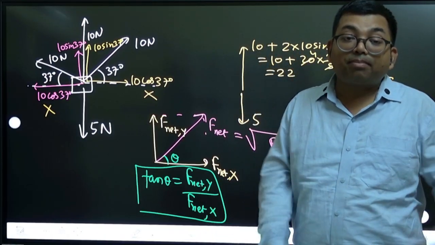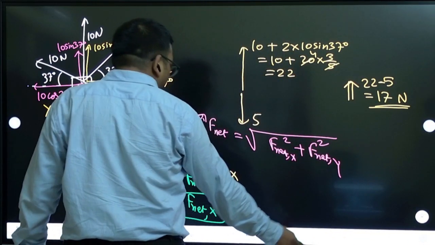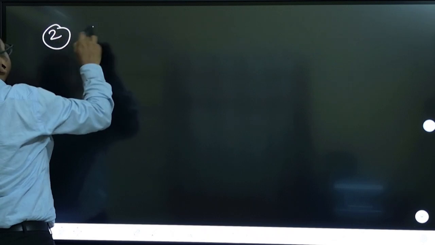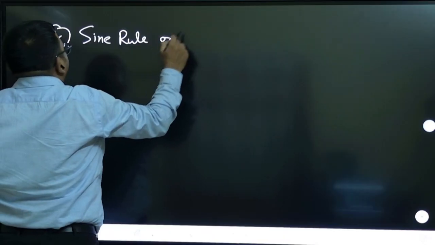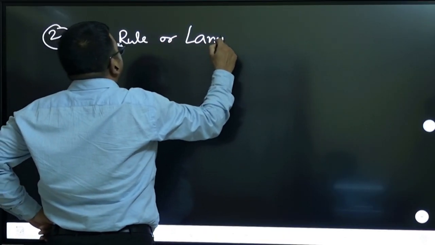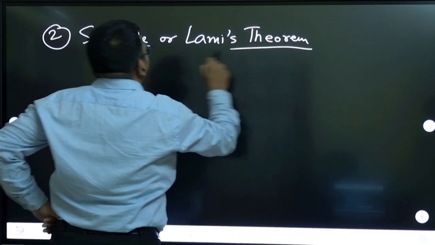So that's one application. Now let us go into the second application, which is called Lami's theorem, also known as sine rule. Second application is called sine rule or Lami's theorem. Okay.